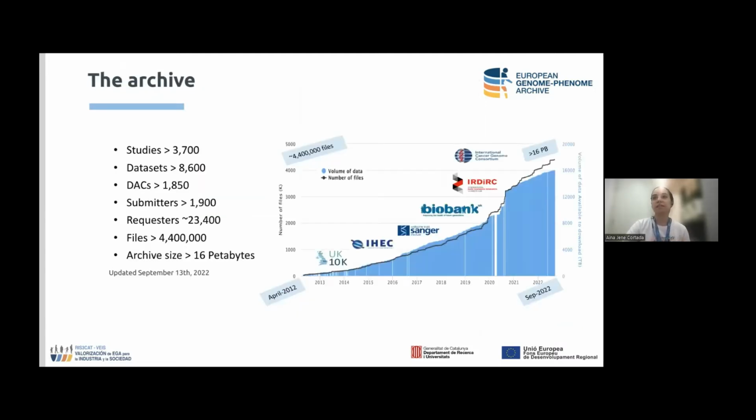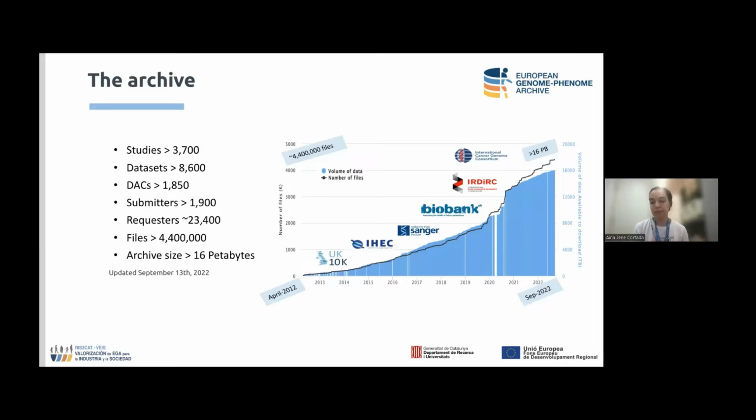As for the archive, volume-wise, we currently have more than 16 petabytes of data archived at the EGA, which translates to almost 4.5 million files.